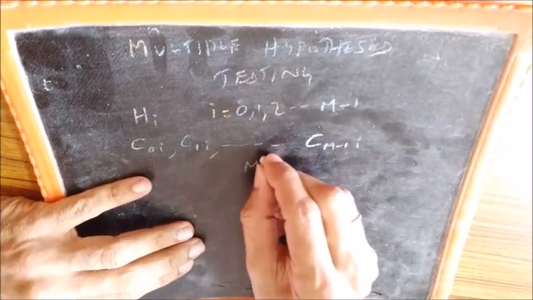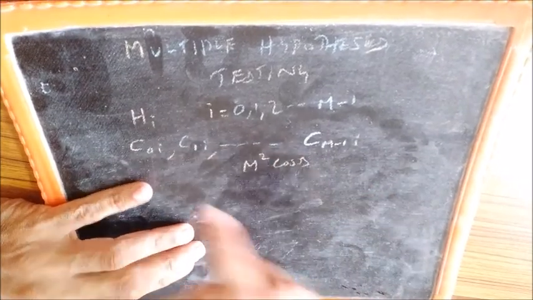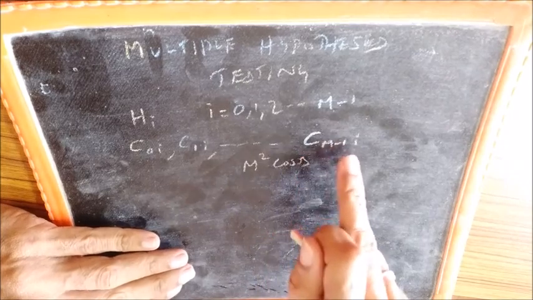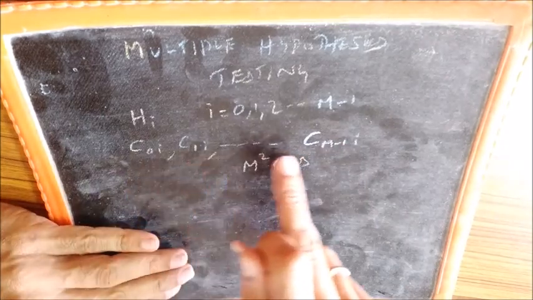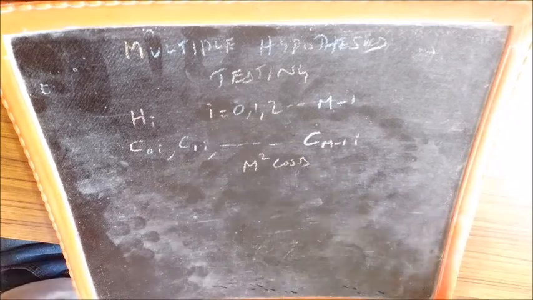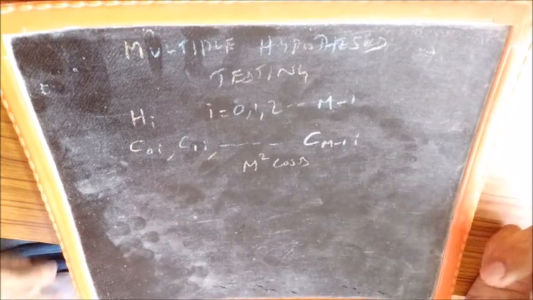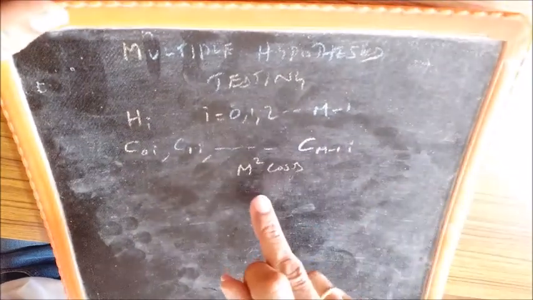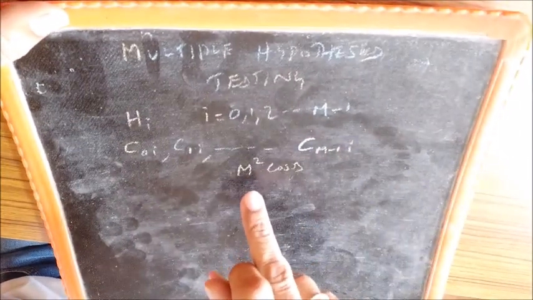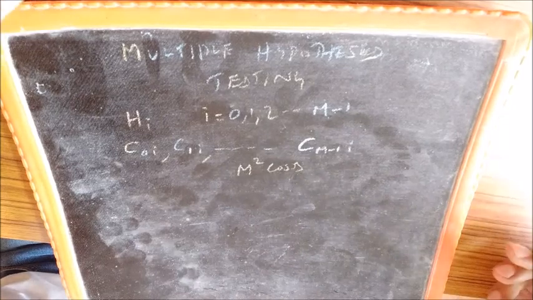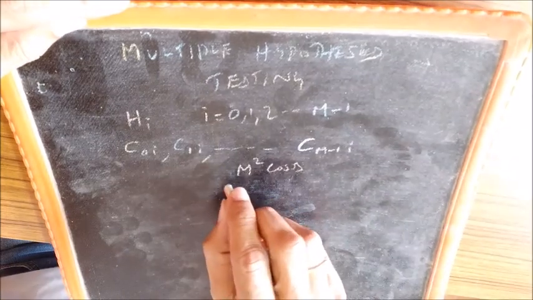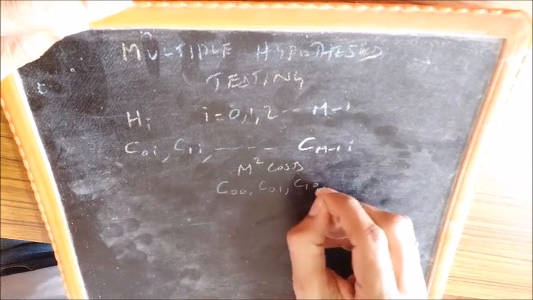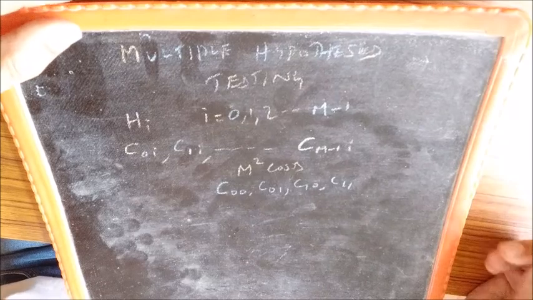So there are M square costs involved, as explained here. For each true hypothesis Hi, there are M different costs involved, and since there are M hypotheses, you have M square costs. Again, we can specialize this to binary hypothesis testing. When we put M equal to 2, we have 4 different costs, and indeed in binary hypothesis testing we have C00, C01, C10, C11, 4 different costs.